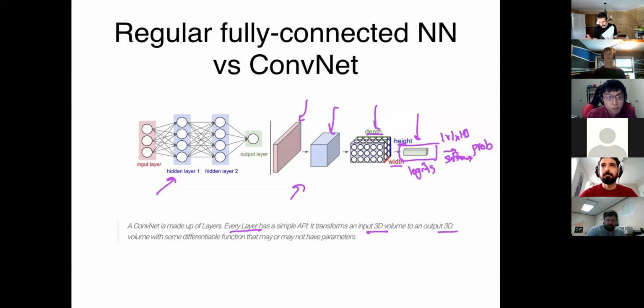And each transformation obviously should be differentiable. You can think about each of these as a transformation from input to output, right? And each could be thought of as a function that transforms this input to the output.